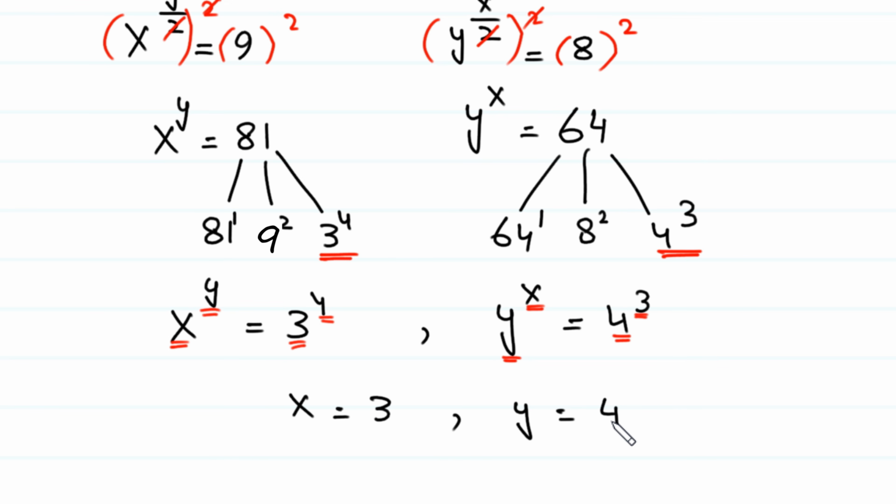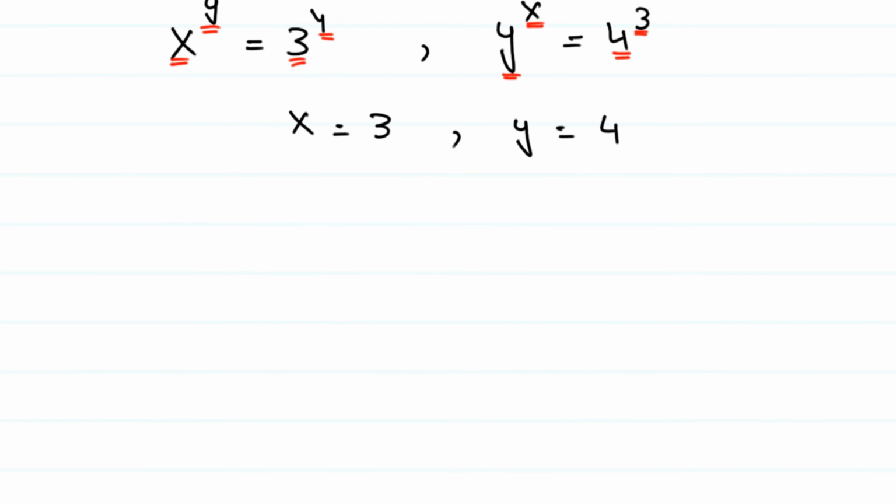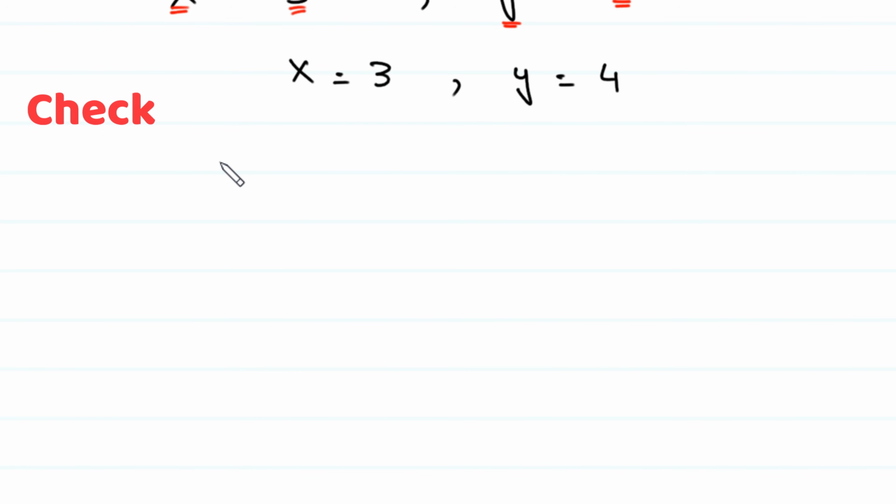Now to check that these values are correct or not, we put these values in the original equation. The original equation is x to the power y minus y to the power x is equal to 17.